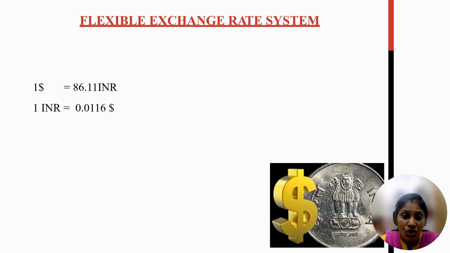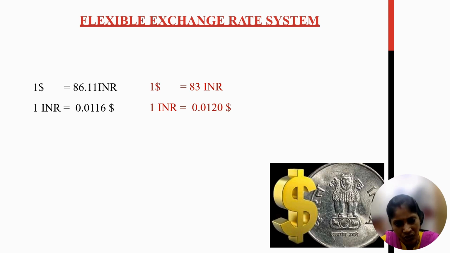Say for example, the rate changes to 83 rupees per dollar, and equivalently 1 rupee is equal to $0.0120. So in this case, can you guess whether the rupee and the dollar have appreciated or depreciated? That would explain the effect of the exchange rate on the dollar and rupee.